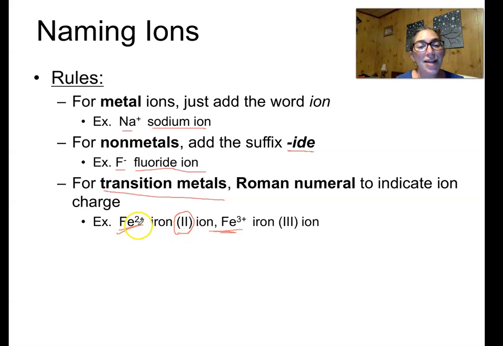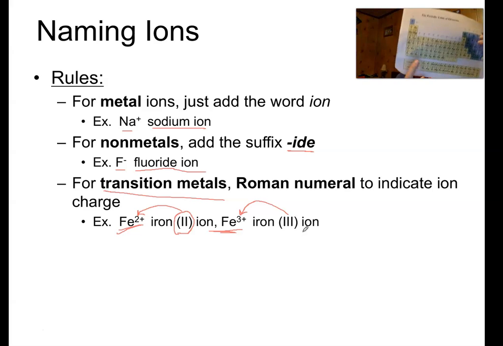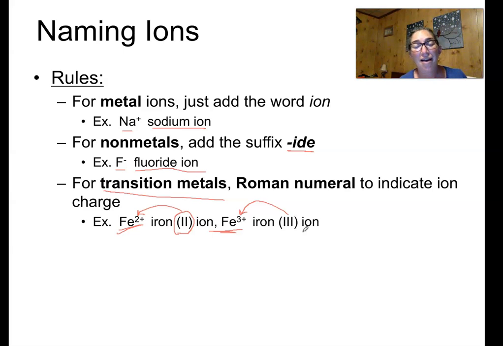So Fe2+ is the iron 2 ion, and that 2 is referring to the charge. And the iron 3 ion is referring to the fact that this ion has a 3+ charge. And we know that the iron is going to have a positive charge because they're still metals. So all of these transition metals, although they can have multiple charges, will always form cations, positively charged ions.